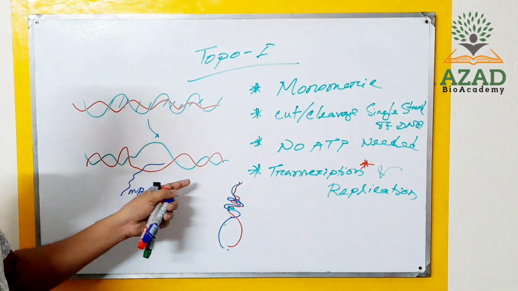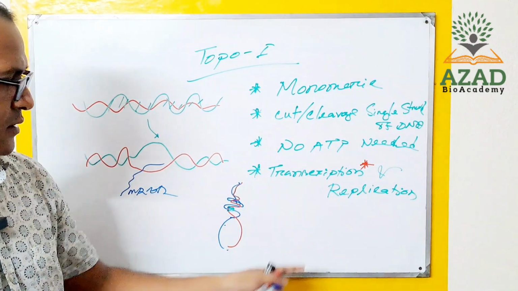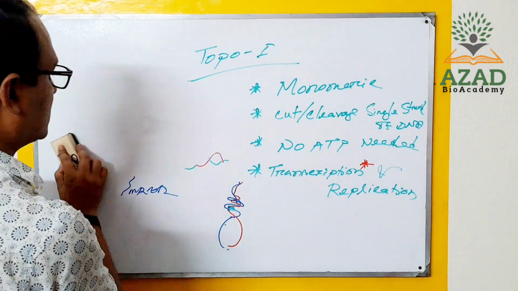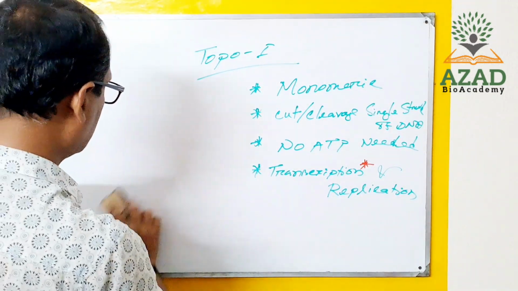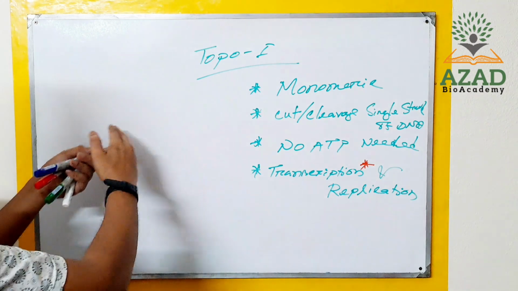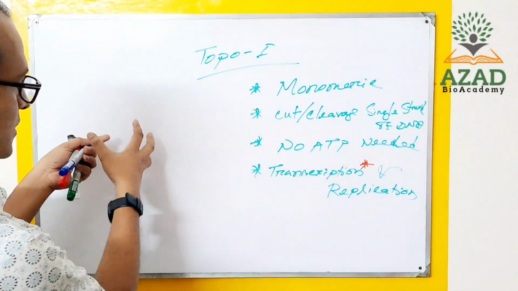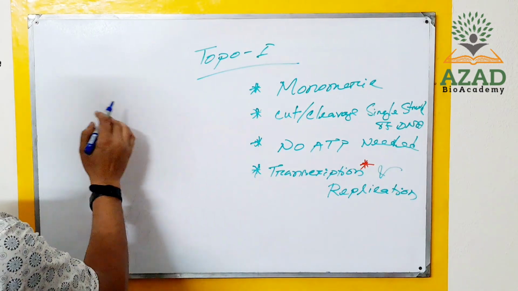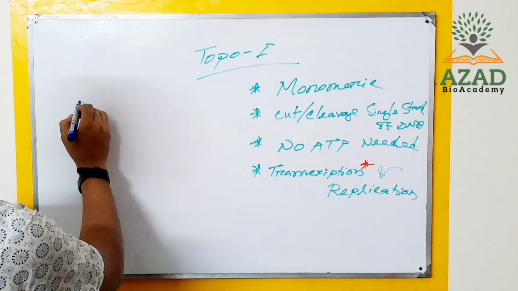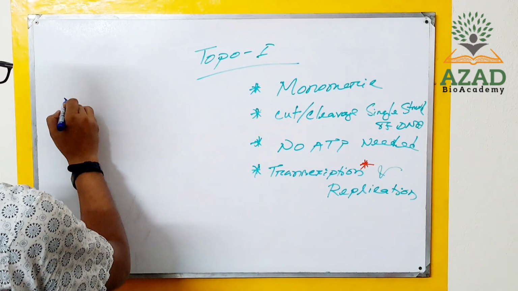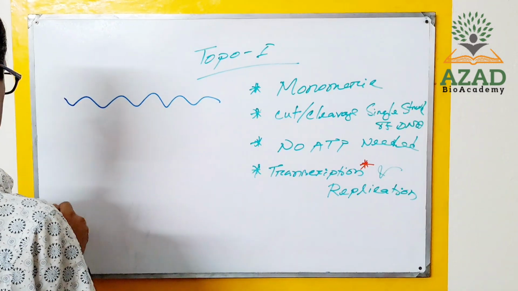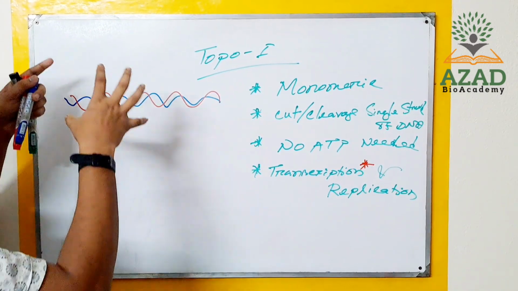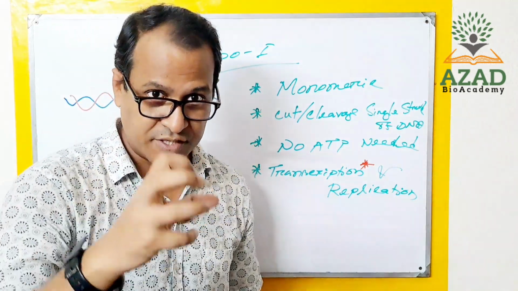And if you consider replication, that would be another explanation. Very shortly I will explain, although it has a lot of similarity to transcription, during replication it has some distinction. So that is normal DNA, and bacterial DNA, round DNA.